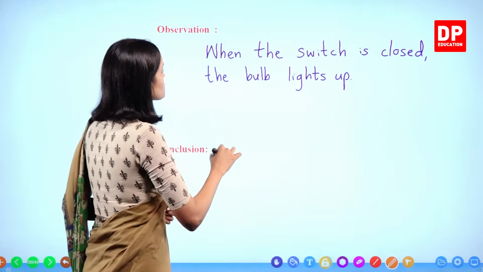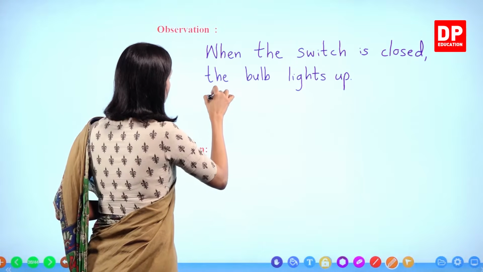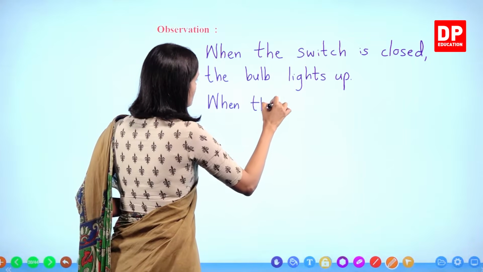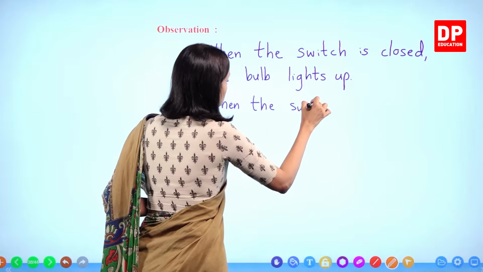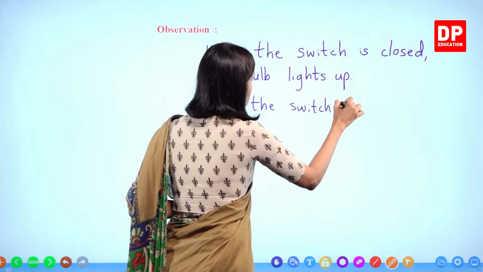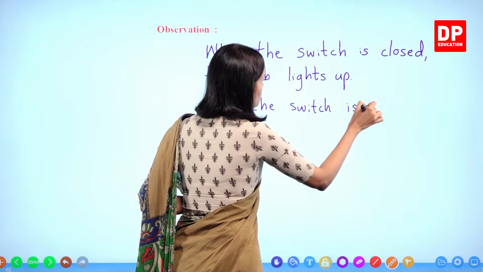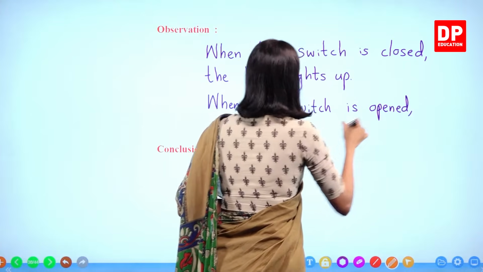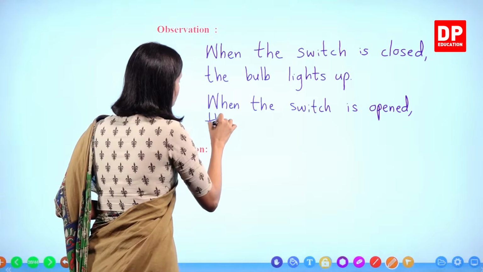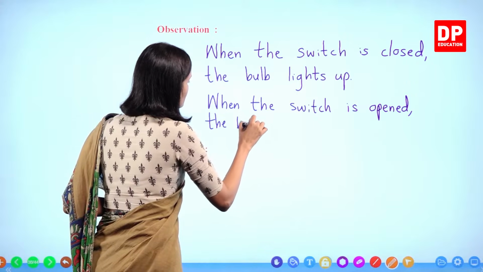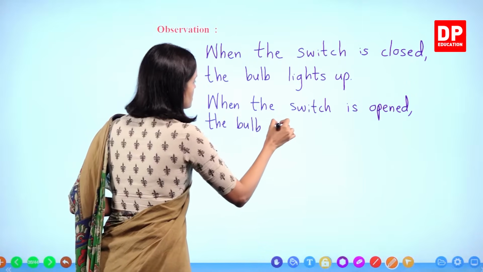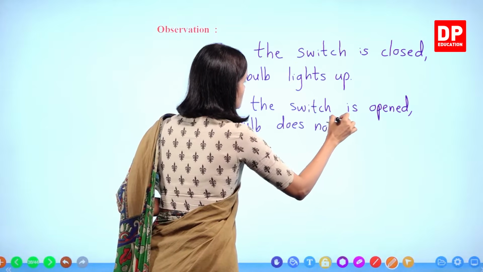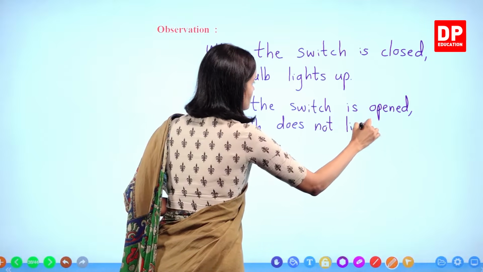When the switch is closed, the bulb lights up. When the switch is opened, the bulb does not light up.